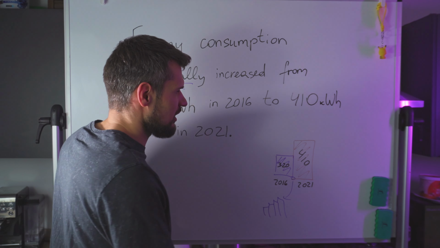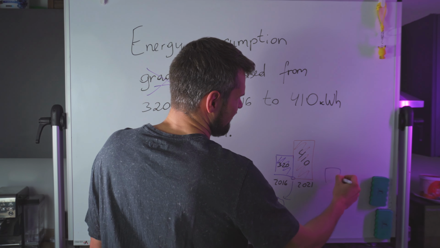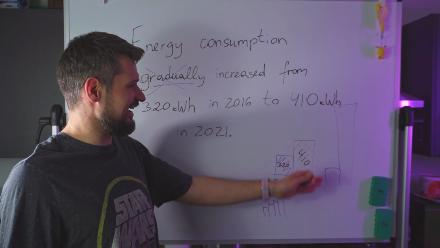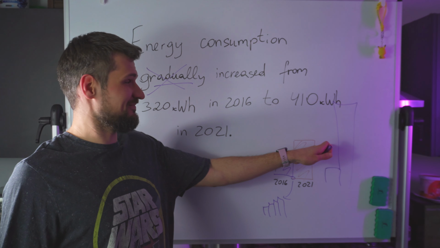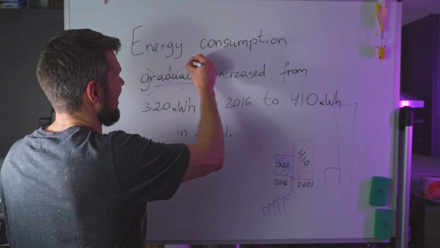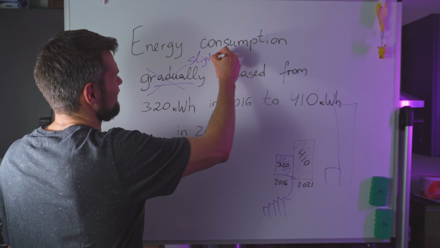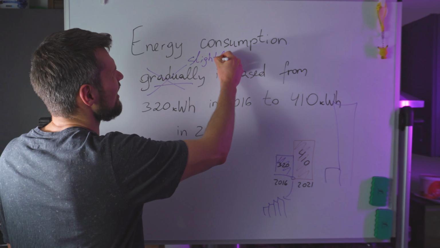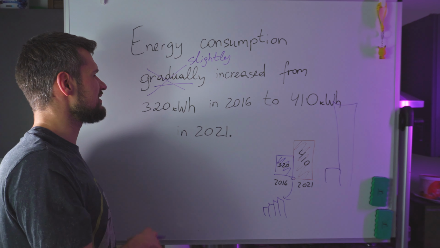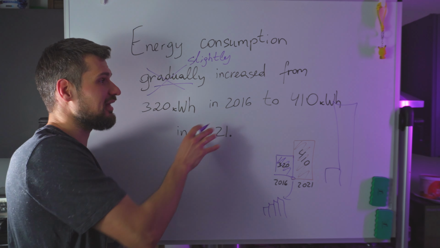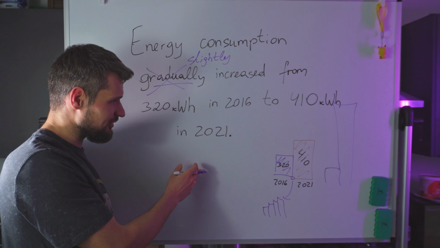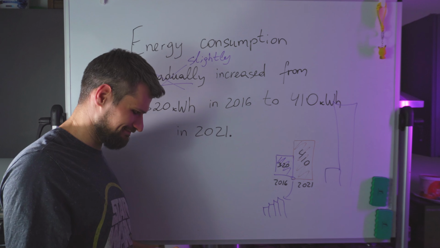Maybe there is something like that, and then we know that compared to this it's nothing. So we can then say a slight increase. Increase is a verb, so we need to use an adverb. Energy consumption slightly increased from 320 kilowatt in 2016 to 410 kilowatt in 2021. Yay.